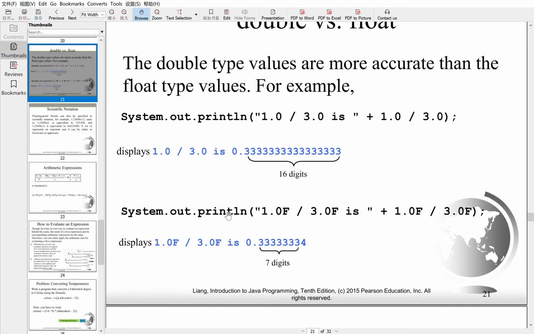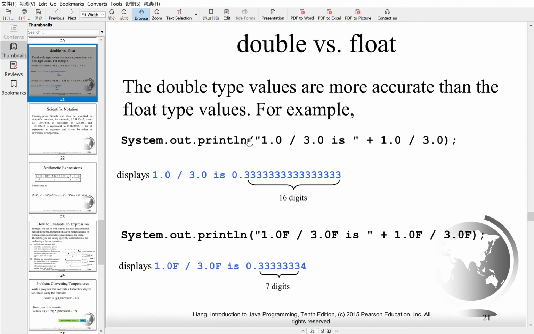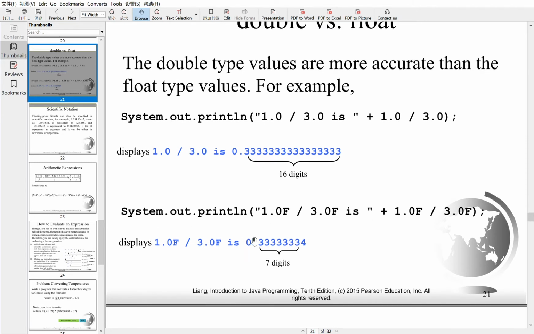And for this one, this is a double type, and this one is a float type. It is similar to this one, and the output of this calculation displays only 7 digits.